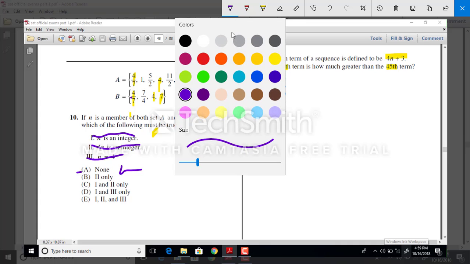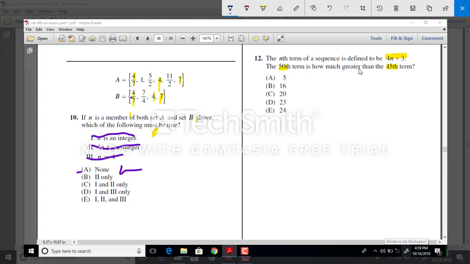Okay, let's try. 4 times 50 plus 3. 4 times 50 is 200. 200 plus 3 is 203. 45, so I will replace n here by 45. 4 times 45 plus 3. 4 times 45 is 180. 180 plus 3 is 183.